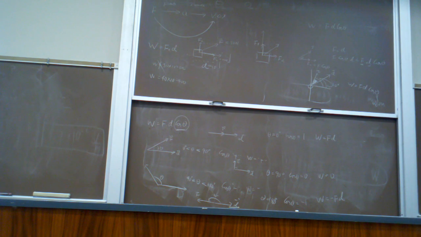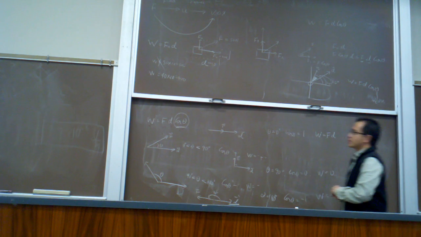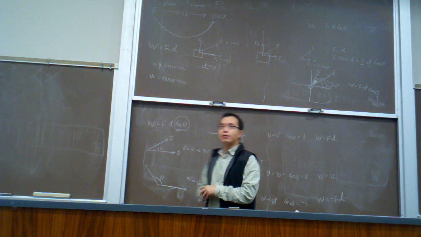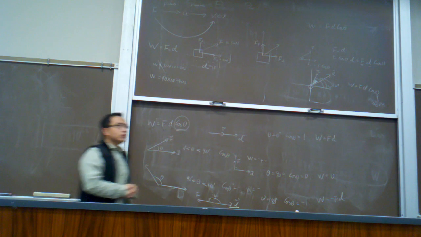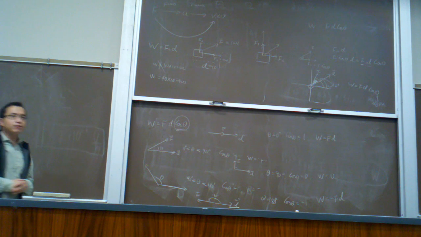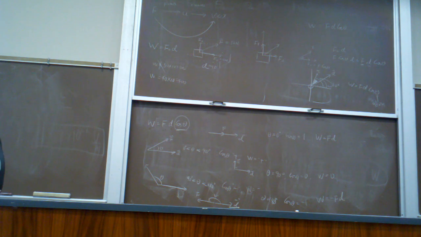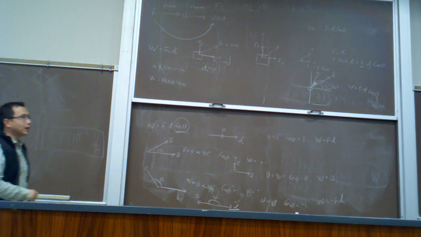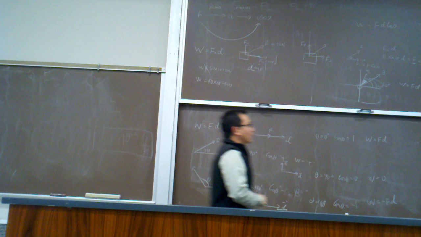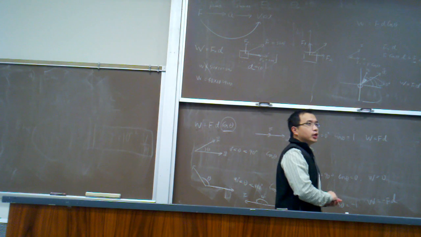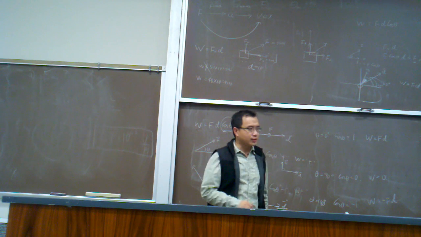Now, the work we define here is the work done by a particular force. And you may have more than one force acting on the object, and then we need to find out the total work or the net work. You have two different methods to find the net work.